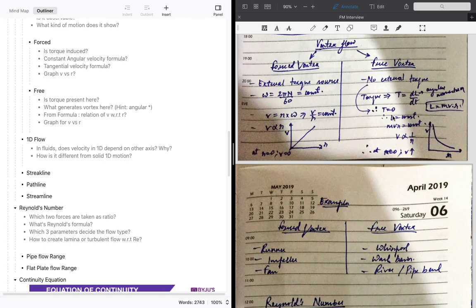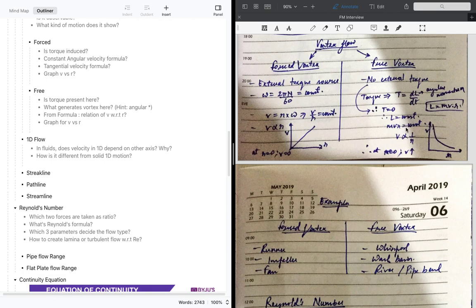The reason behind this is that torque is equal to the change in angular momentum. Angular momentum is L equal to mv times r, that is, linear momentum times the radius. So the change in angular momentum is basically torque. Therefore, torque is zero, and if the torque is zero, that means the angular momentum is constant.